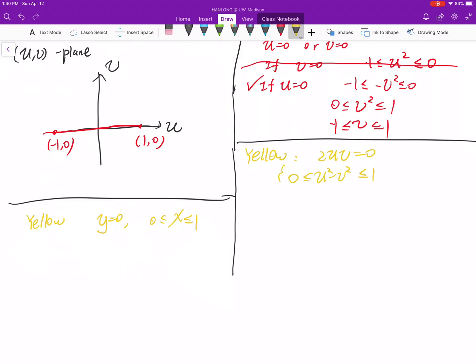And then similarly, you solve it, you find your solution curve is u equals 0 and v is between 0 and 1, or v equals 0, u is between -1 and 1.